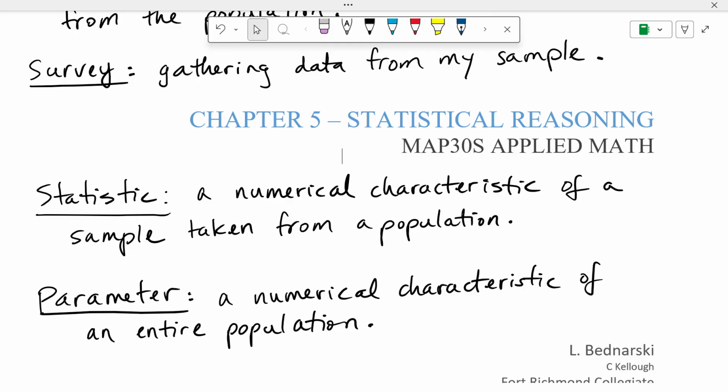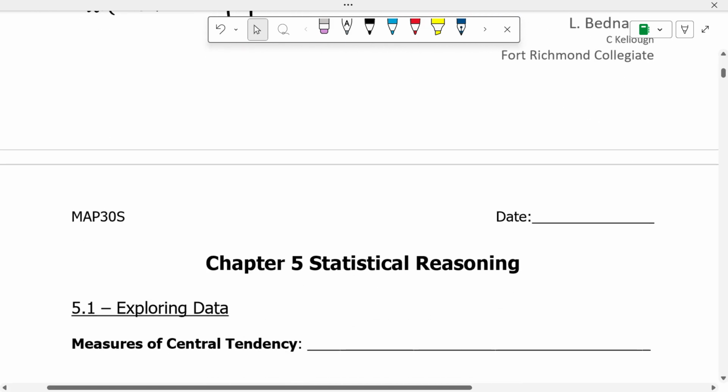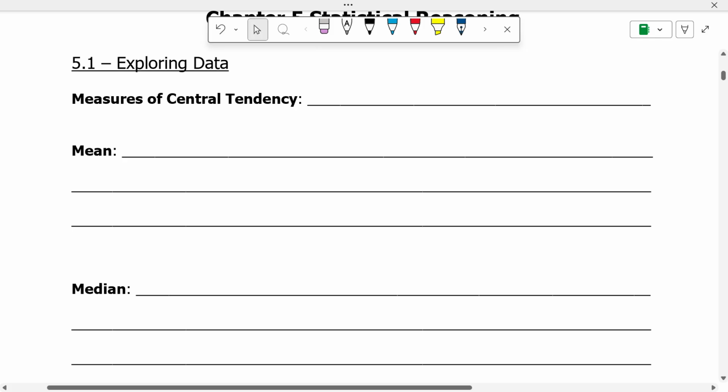Now, speaking of things that you probably do already know, the next page has some things that I'll bet are fairly familiar. First up, what is a measure of central tendency?